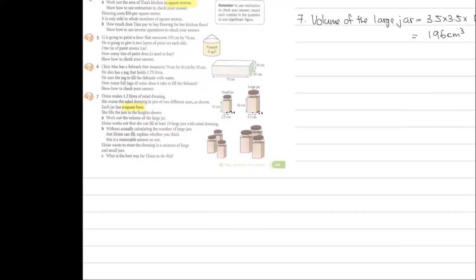Eloise works out that she can fill at least 10 large jars with salad dressing. Okay, she has 1.2 liters. Without actually calculating the number of large jars that Eloise can fill, explain whether you think this is a reasonable answer or not.